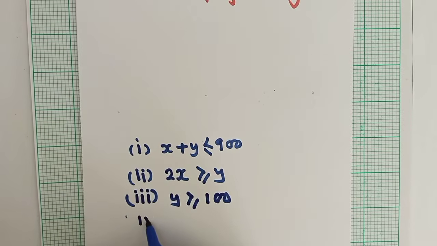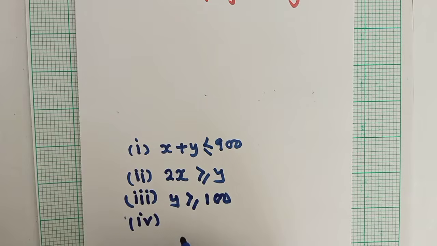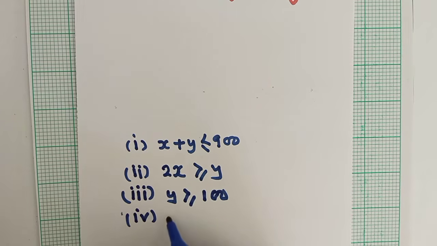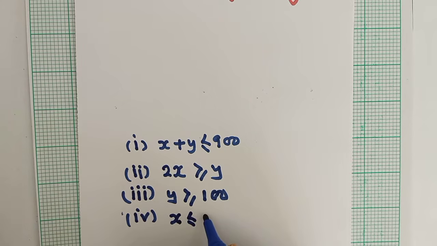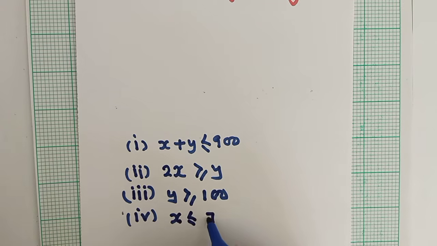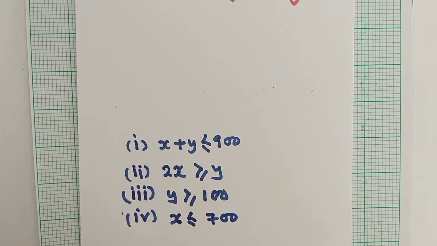The last inequality will look like this. And not more than, we said not more than, it's supposed to be less. So we say X, that's brand A, is less or equal to 700.